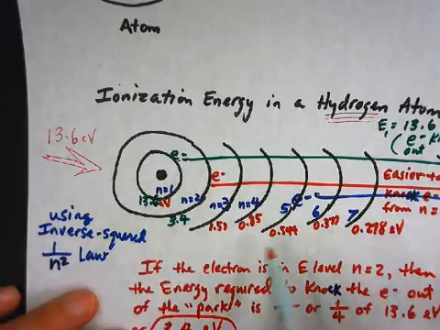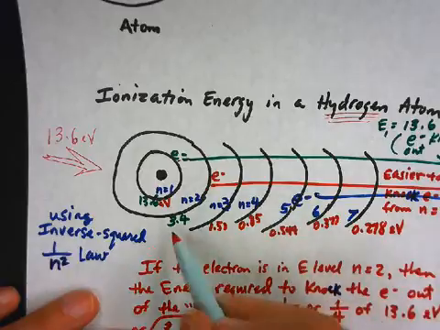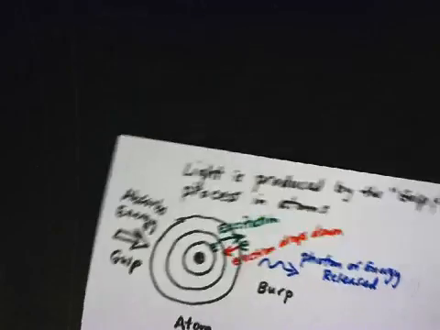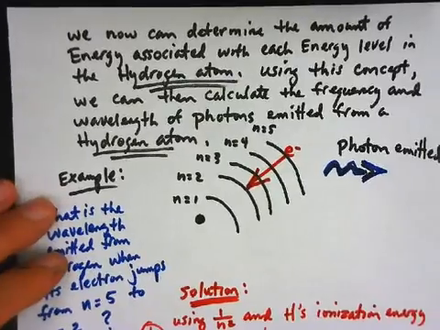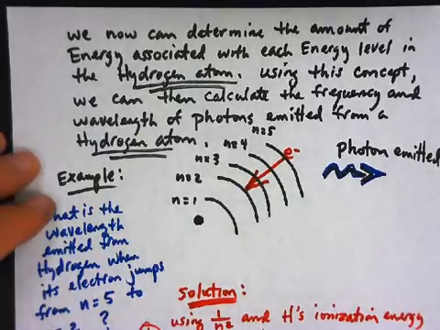But for our first 7, we know what those energies are for each level. 13.6, 3.4, and so forth. So we can determine the energies associated with each level in the hydrogen atom.